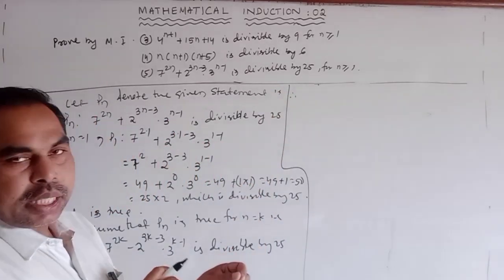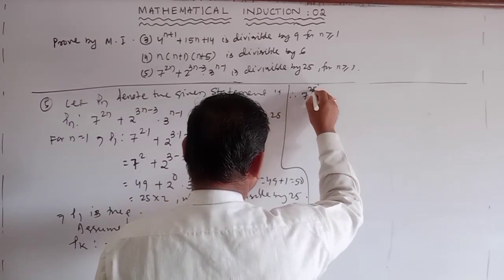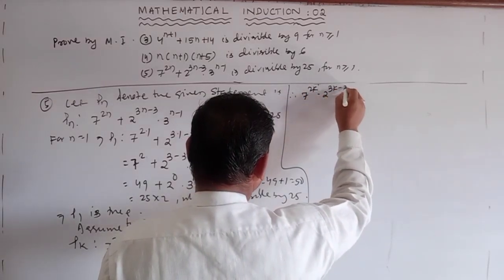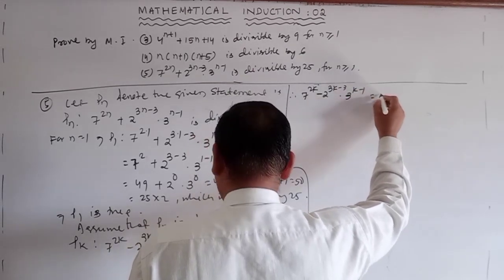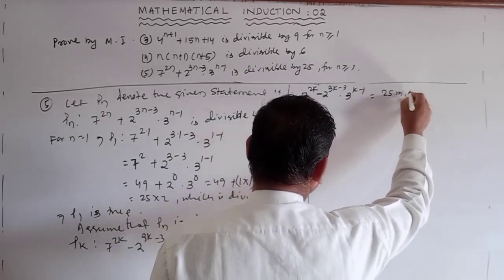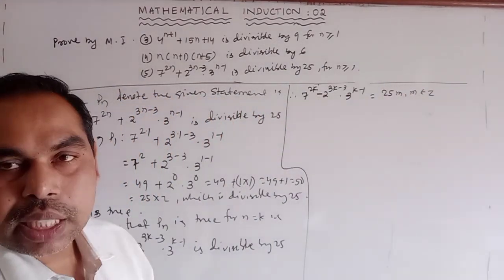Therefore, we can write 7 to the power 2k plus 2 to the power 3k minus 3 into 3 to the power k minus 1 is equal to 25m, where m belongs to Z.